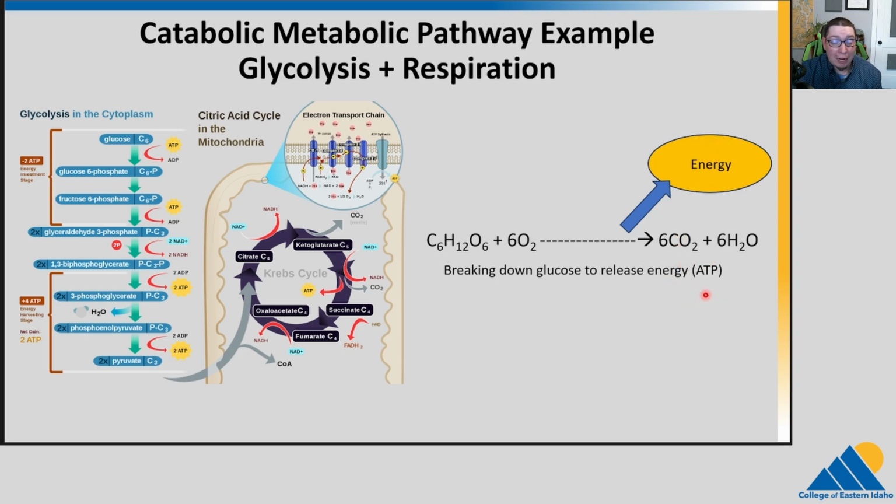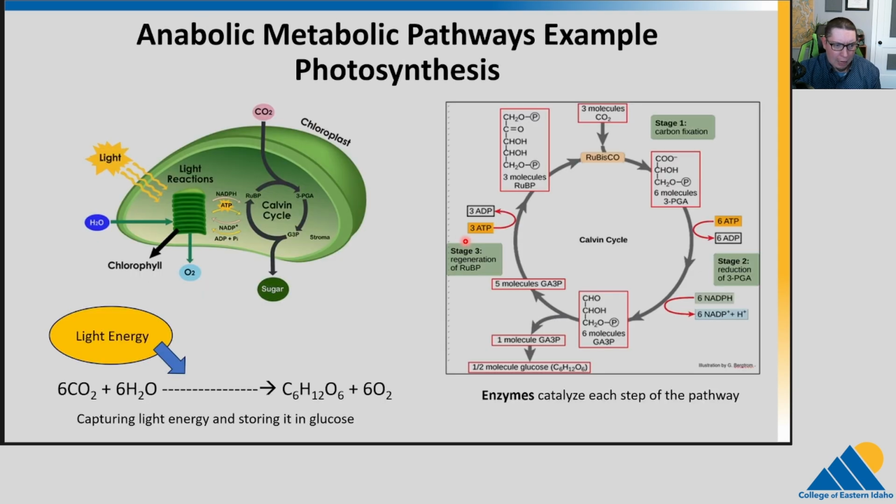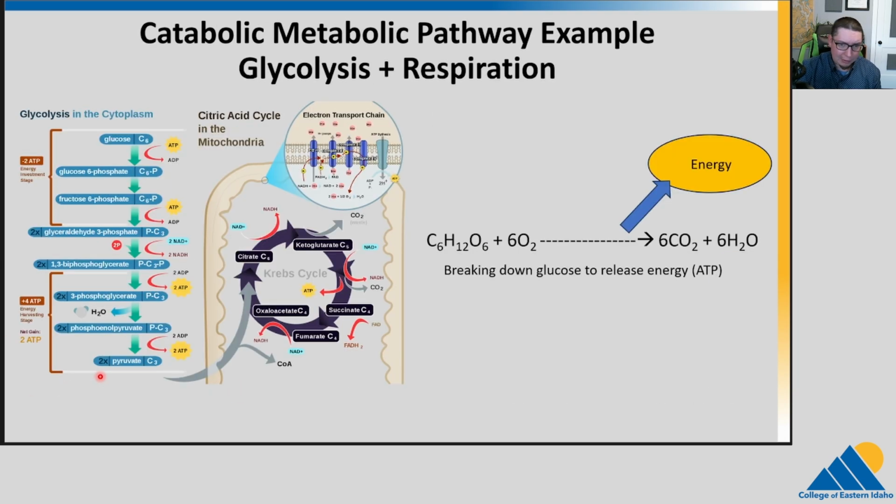We will capture that energy in the form of ATP. Now you might notice that these reactions are exactly opposite, okay? One is anabolic, building things up, and this one is catabolic, breaking things down. We have to put energy into one, and we release energy from the other. But there's totally different sets of enzymes that go into these chemical reactions here.